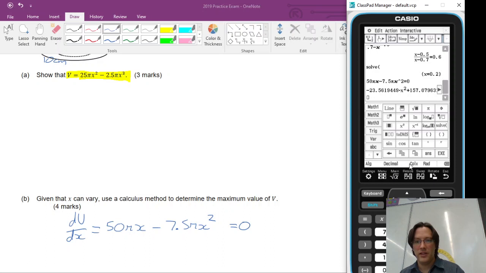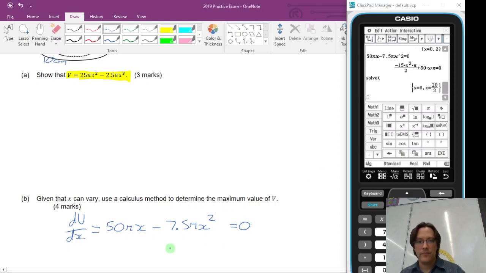And let's do it in standard form as well, just so that it's a bit easier to read. Okay, that looks good. x is 20 over 3. We can discard the 0 solution because when it's 0 it doesn't matter.